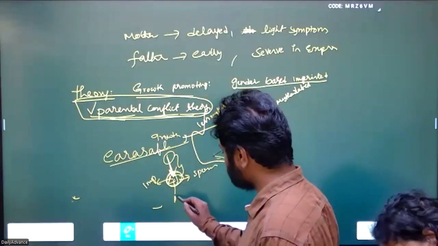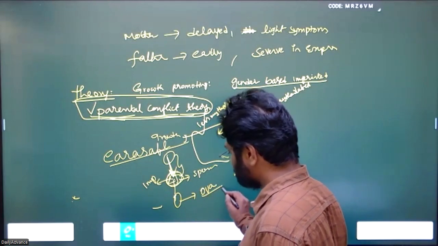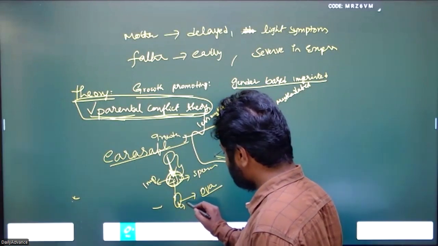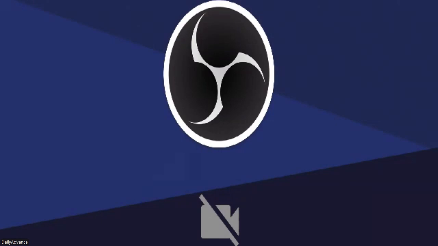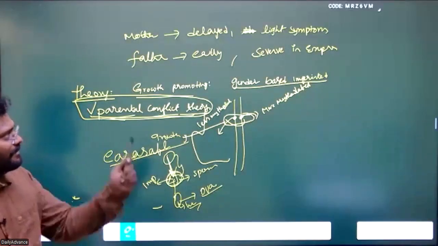This gene is passed to the daughter, and while forming her own ova, she will apply her own imprinting. That means in every generation, this imprinting has to be erased. So this we call genetic imprinting.